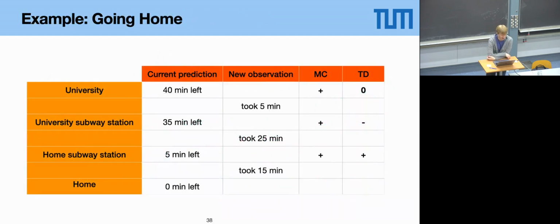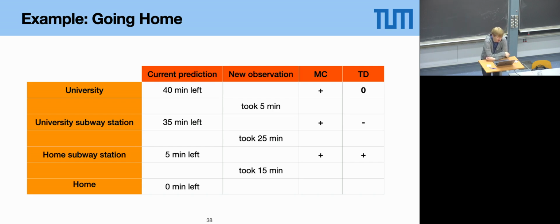And another last example on temporal difference learning and Monte Carlo. This example is called Going Home, and it illustrates a bit how temporal difference learning and Monte Carlo can differ on just one episode, and how you can use temporal difference learning not only to estimate values but also other quantities. So what you have here is a model that predicts how long it takes for you to get home.